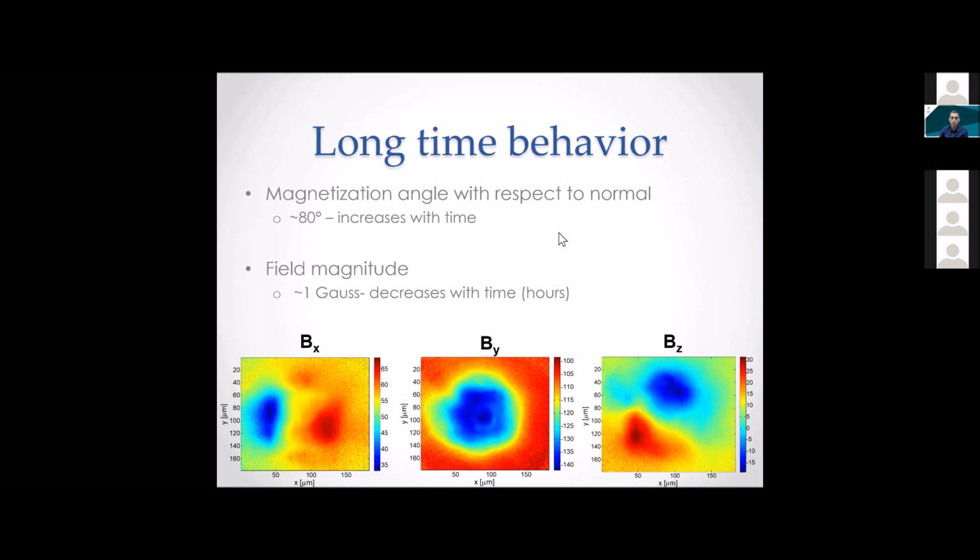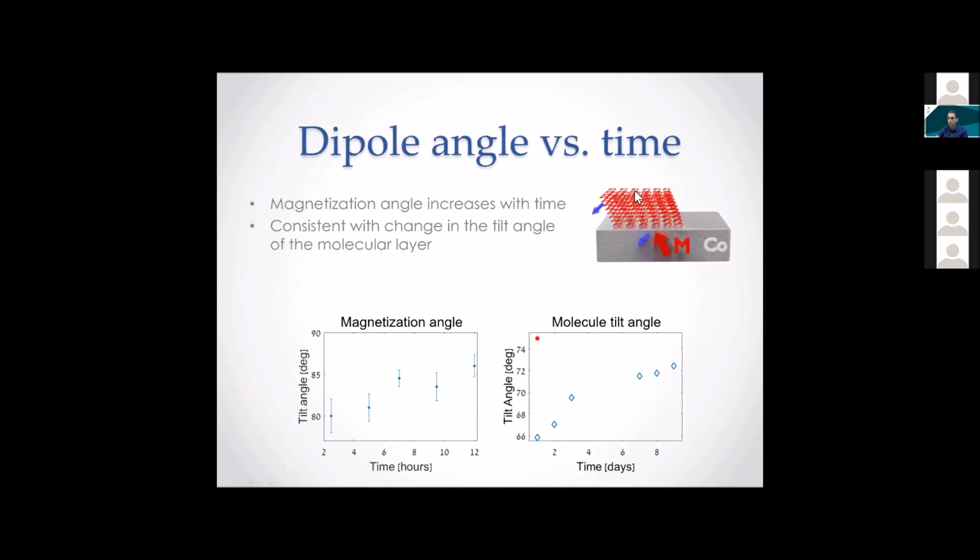Following these results, we've performed additional AFM measurements to measure the actual angle of the adsorbed molecules as a function of time. And you can see a plot of the magnetization angle here on the left, measured as I've described in the previous slides, along with a measure of the molecular tilt angle, also measured as a function of time using AFM.